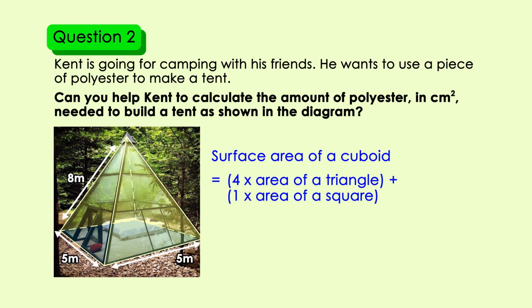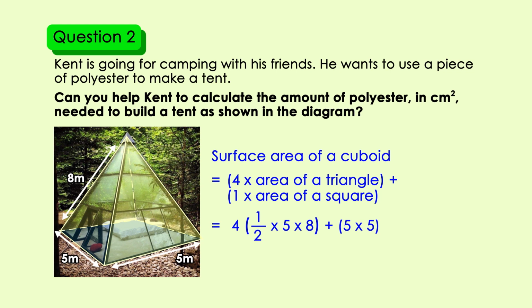The area of the triangle is 1 over 2 times 5 times 8, and the area of the square is 5 times 5. Substitute the values into the equations. 4 multiplied by 1 over 2 times 5 times 8, add 5 times 5.